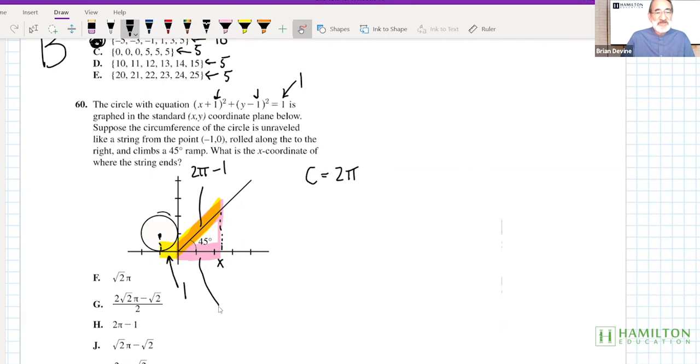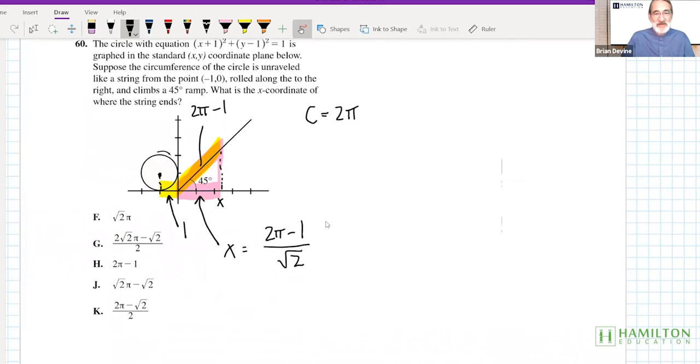So this distance here, the leg, which would be x, must be 2 pi minus 1 over root 2, because it's a special right triangle. But I don't see that answer. So I must have had to rationalize the denominator. So I multiply this by root 2 over root 2. Again, multiplying by 1 doesn't change the value.